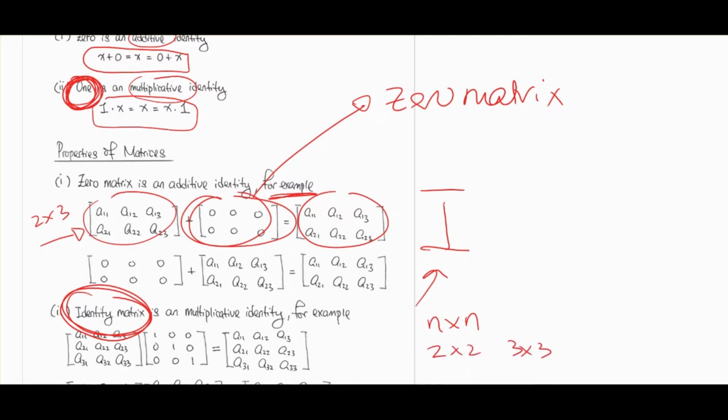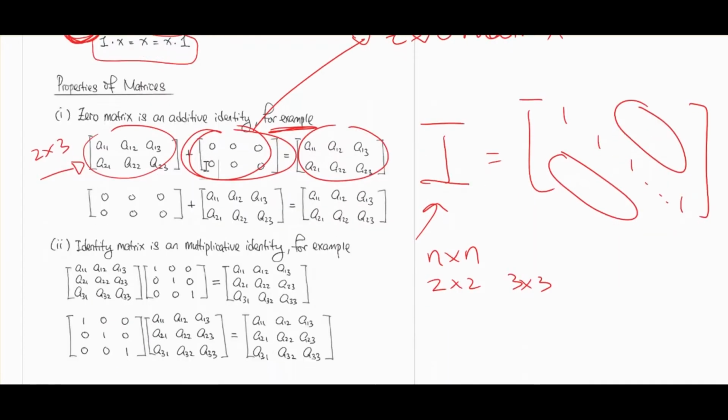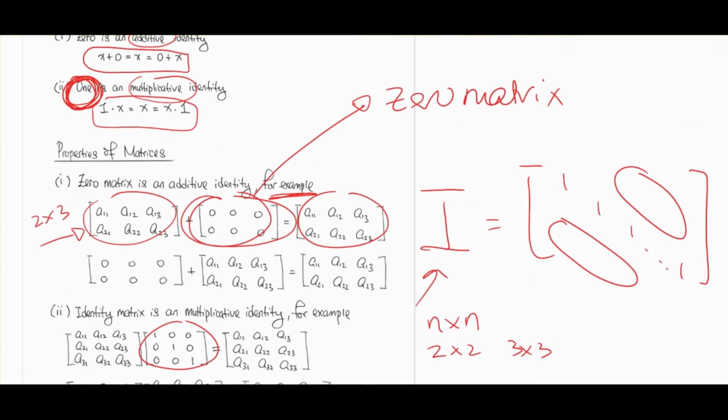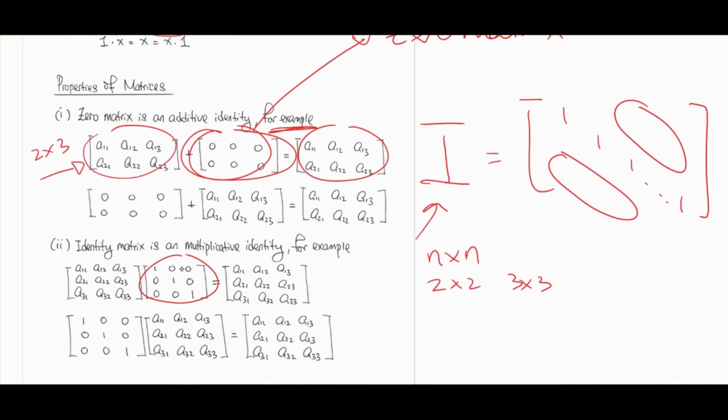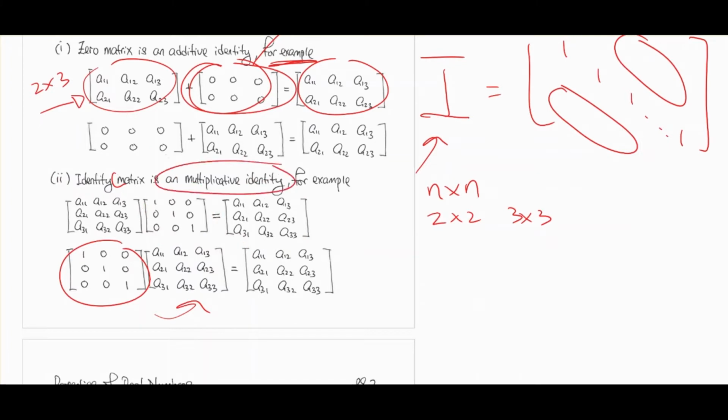The diagonal of this matrix is all 1s, and everything that's off the diagonal is 0. So for example, this is a 3 by 3 identity matrix. It behaves kind of like the number 1 in the number system. Multiplying this by a matrix gives you the original matrix, and you can do it from the left or from the right-hand side. So the identity matrix is what we call the multiplicative identity in matrix multiplication.